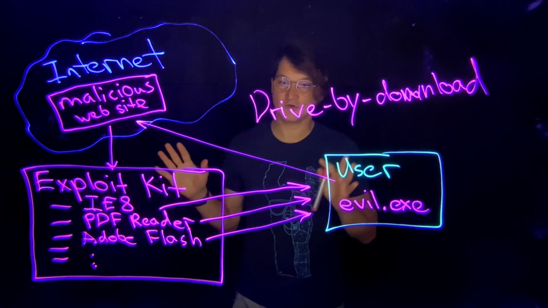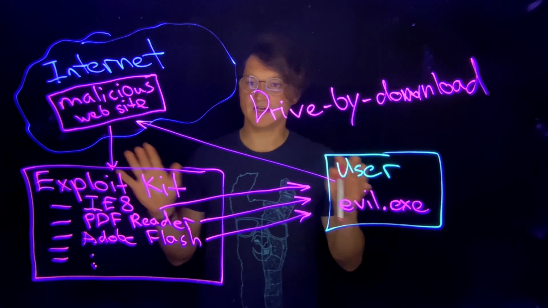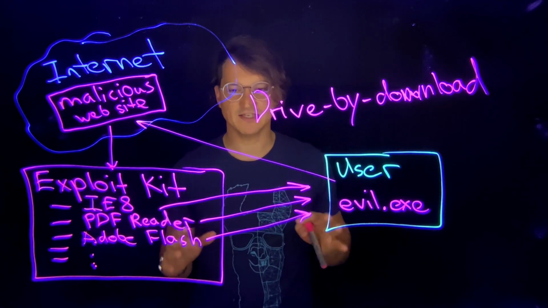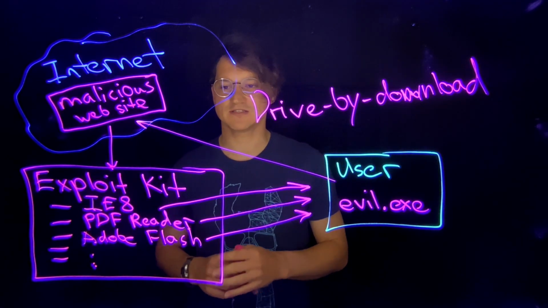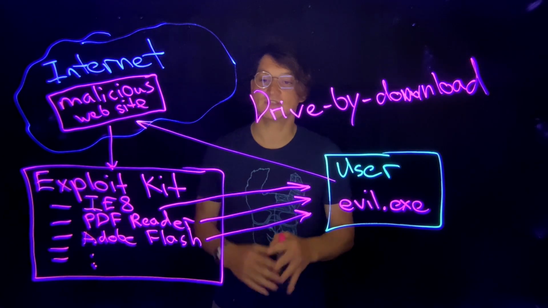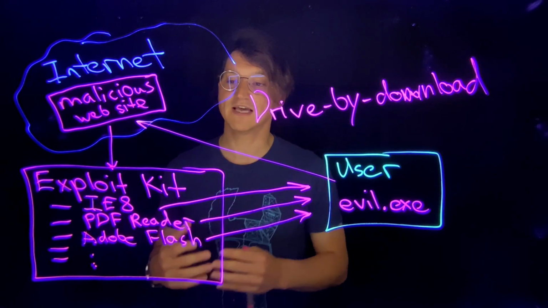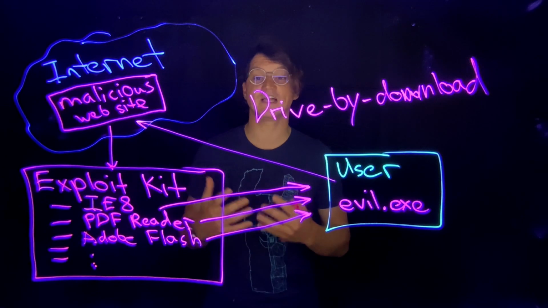Again, I'm going a little bit ahead of myself. The period between 2005 to 2010 is just the beginning of exploit kits. There, of course, were exploits before, but the difference between an exploit and an exploit kit is that it is a commercially available package.